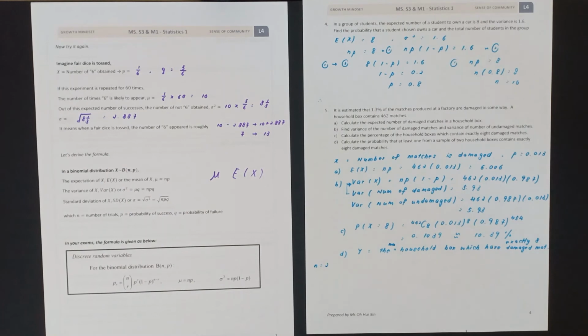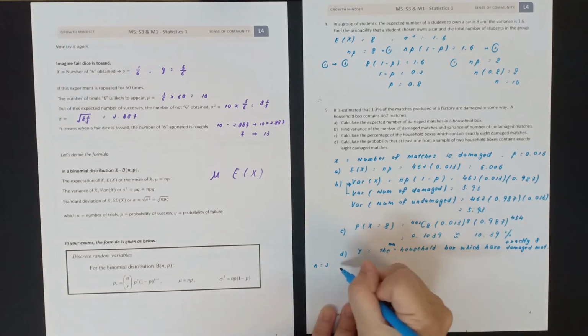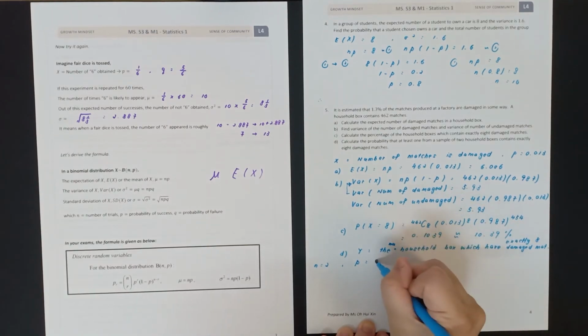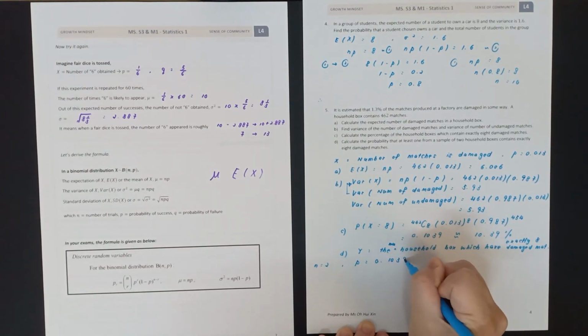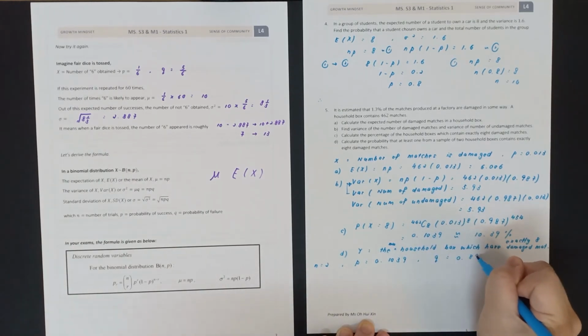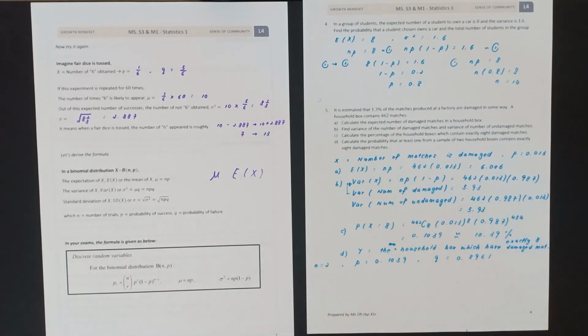So what is my probability to get a household box that has exactly 8 damaged matches? That is what my answer is for part C. The probability for me to get a household box which has exactly 8 damaged matches is basically 0.1039. The probability of failure will be equal to 0.8961. Okay, I hope that you can understand. So for D, you have plenty of ways that you can do it.